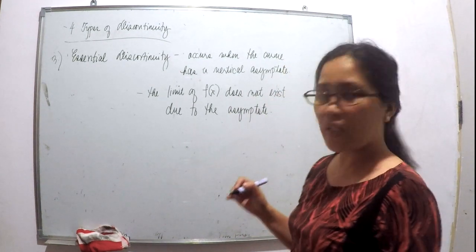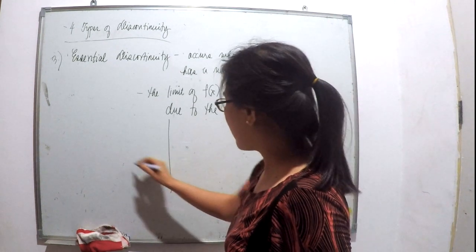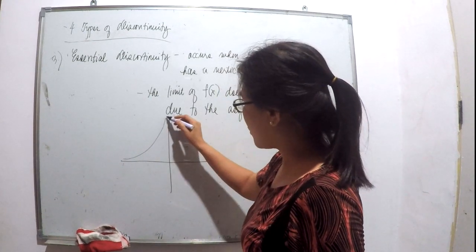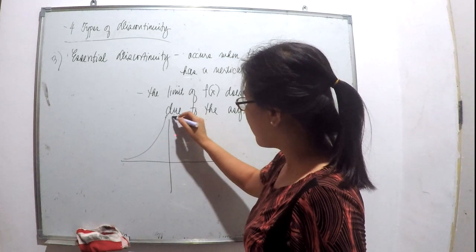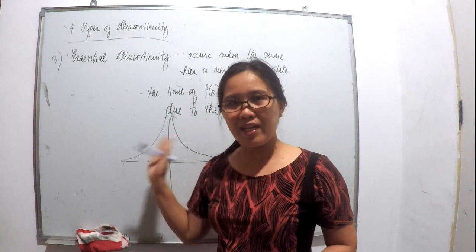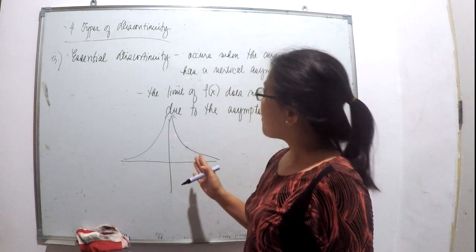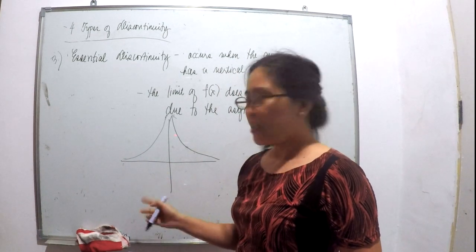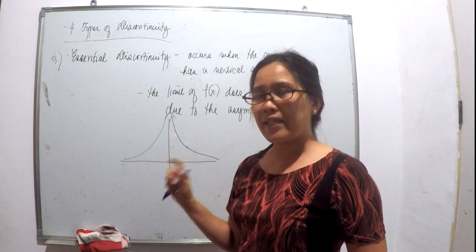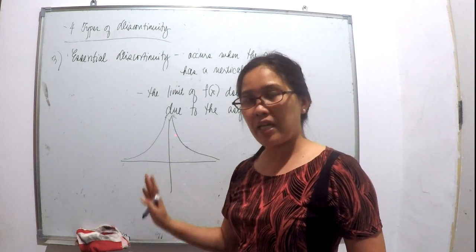Okay, if you graph the function, it looks like this. It has a vertical asymptote. So what's the vertical asymptote here? The vertical asymptote here is the y-axis. Since it is a vertical asymptote, at x equal to 0 the function will be undefined.